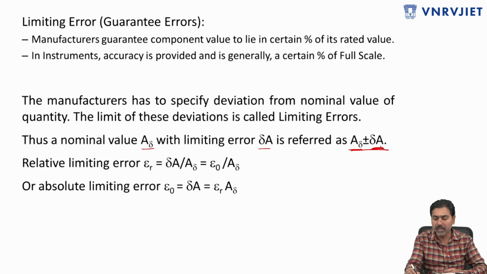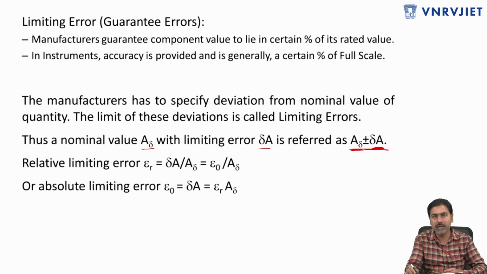This is the limiting error. This much amount of error we may get from the device measurement. So totally the value will be in this range, A delta plus or minus delta A.